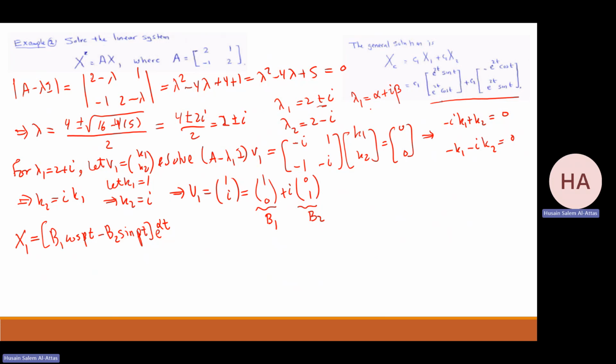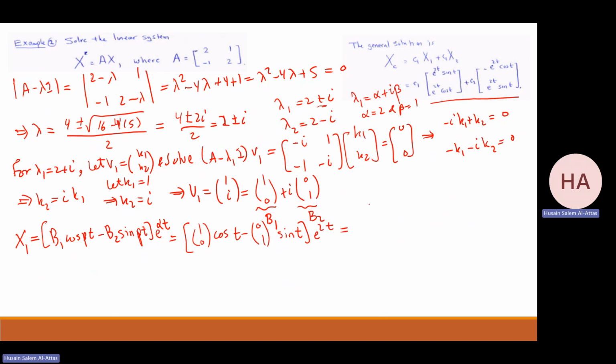So my alpha is 2 and my beta is 1. When I plug it in, x1 will be b1, 1, 0, cosine, what is beta? Beta is 1. Minus b2, 0, 1, sine t, e to the 2t.